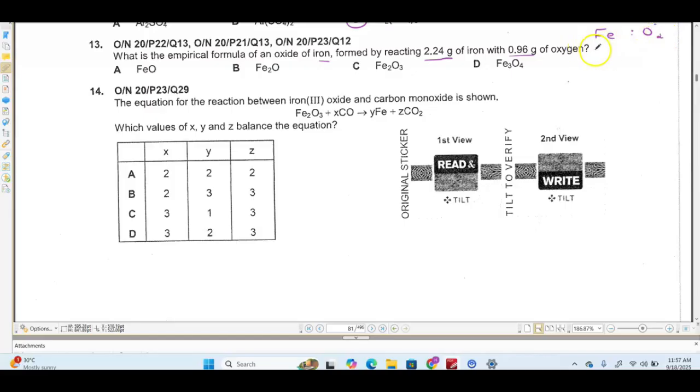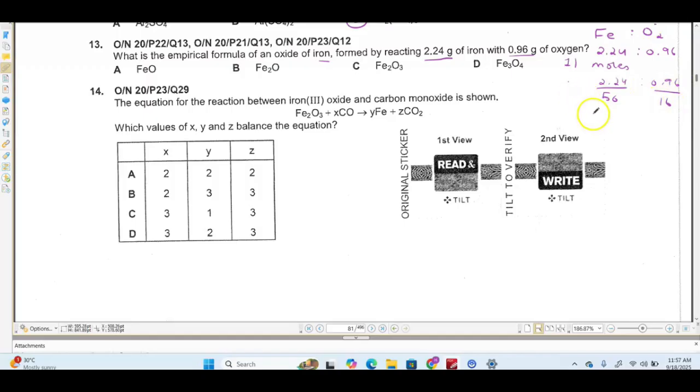Okay. So the mass of iron is 2.24 grams and the mass for oxygen is 0.96 grams. So first thing first, we need to convert these into moles. So how are we going to do it? We are going to divide them with their Mr numbers. So Mr for iron is 56 and that for oxygen is 16. Okay.